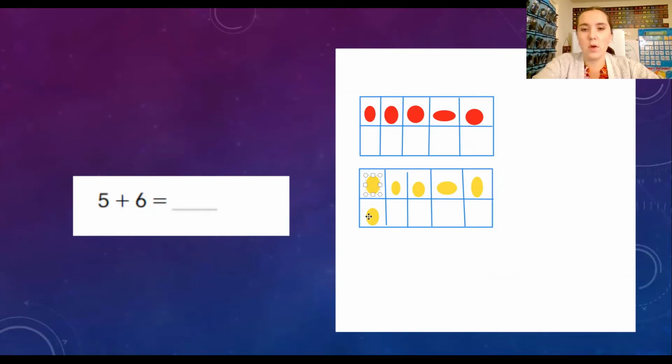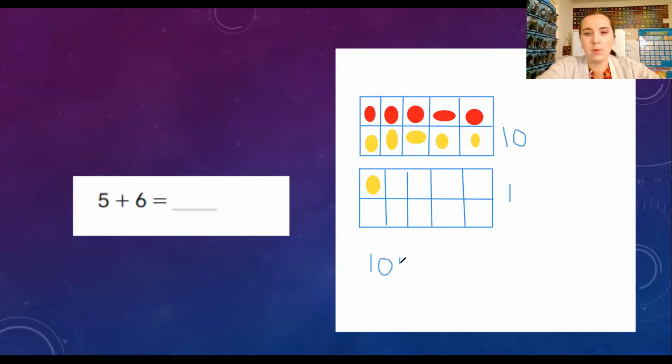So I'm going to move 1, 2, 3, 4, 5. So I started with 5 plus 6, but now I have 10 plus 1 more. So 10 plus 1 equals 11, which means 5 plus 6 also equals 11.